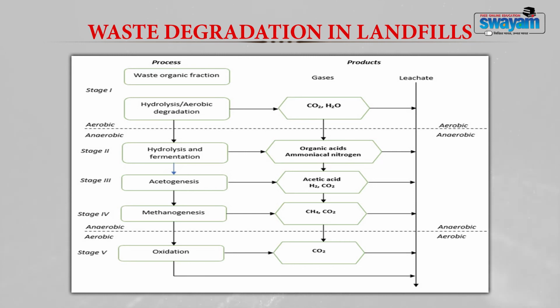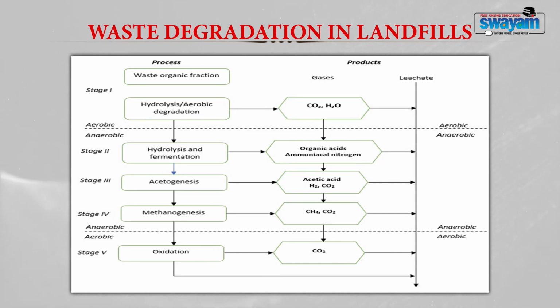So, within a waste landfill, the degradation occurs in 5 different stages, starting from hydrolysis or aerobic degradation to anaerobic degradation, where stages 2, 3 and 4 occur, and finally stage 5 occurs at the end of anaerobic degradation, which is the oxidation stage.